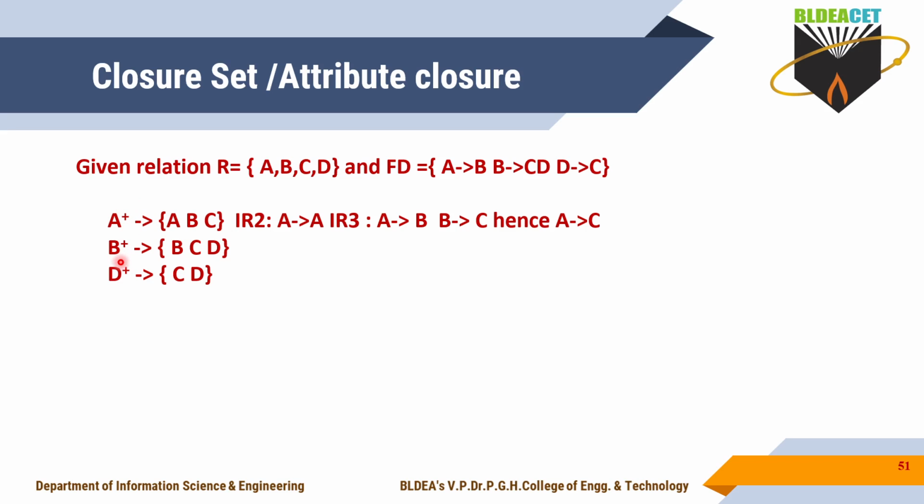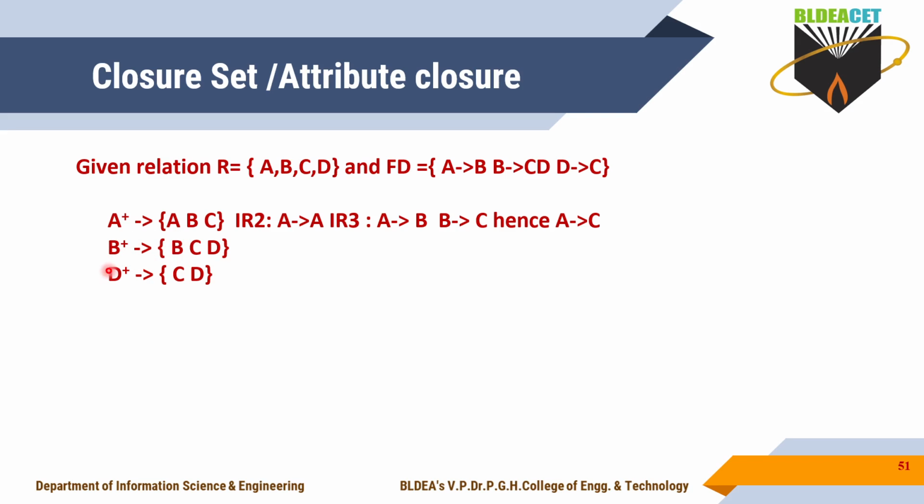In the same way, this is your given functional dependency, this is your X and these are Y. I want to find the closure of B. That I'll denote as B plus, and after applying the inference rules, I'll get to know that C and D are functionally dependent on B. Now after using the reflexive rule, I'll get B also.